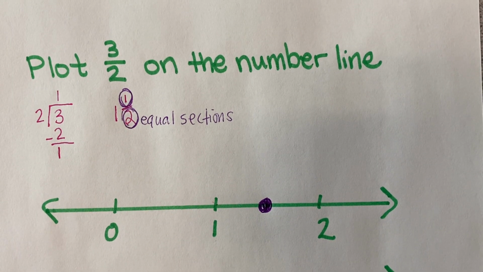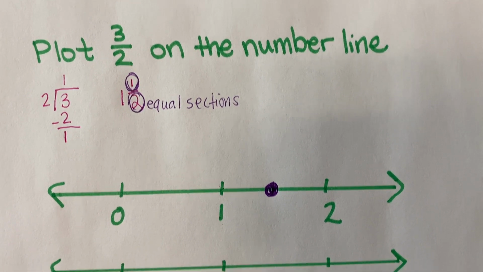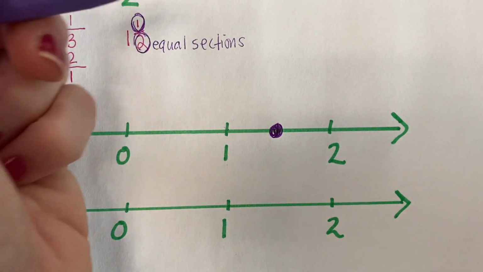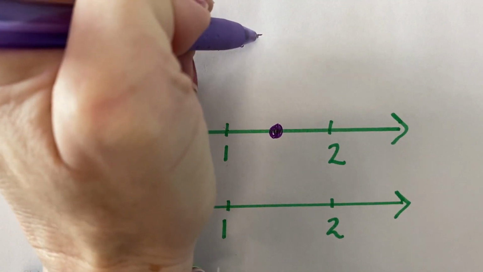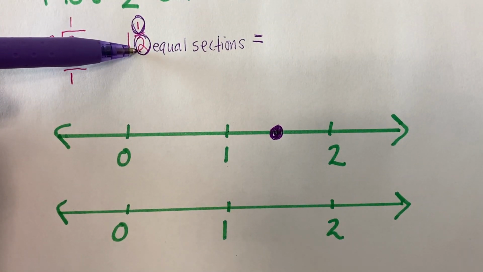Now, there's another way to do this. Let's say you didn't want to do it that way. Let's say you wanted to change 1 and 1/2 into a decimal. Well, to do that, you've got to get either tenths or hundredths or thousandths on the bottom here.